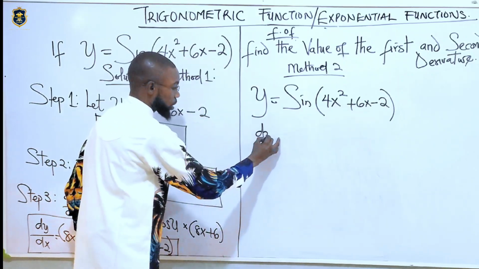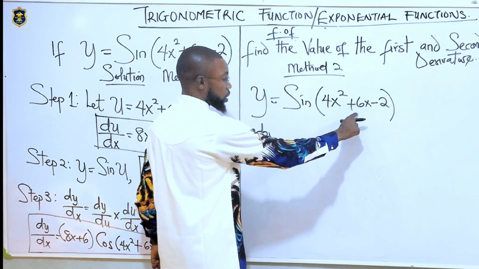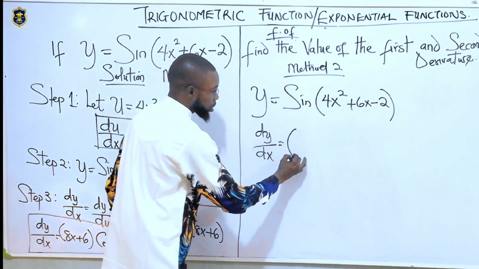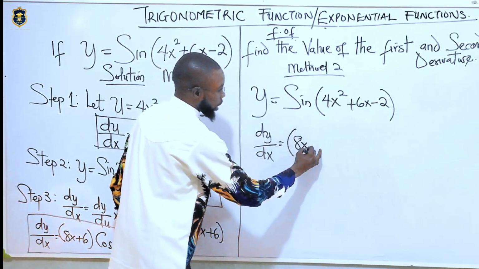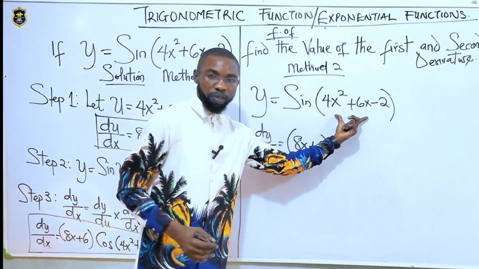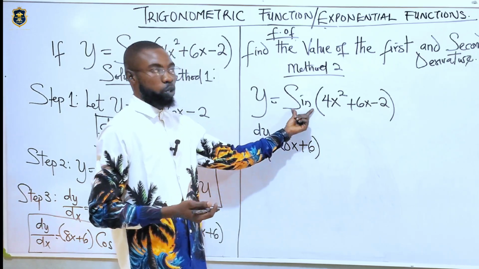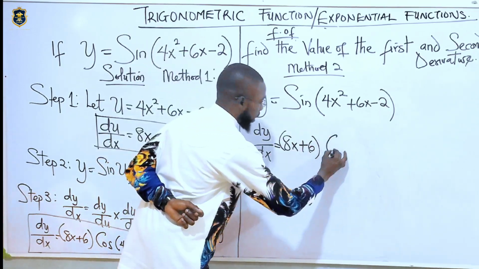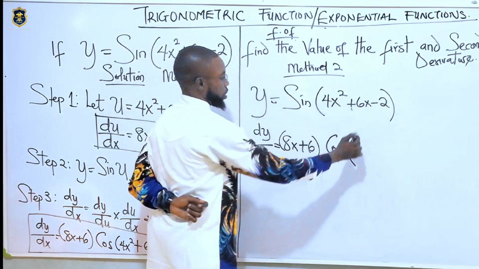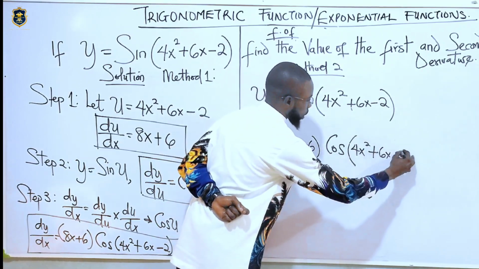So our dy over dx is to differentiate this one first, and that becomes 8x plus 6. And then after you've differentiated it, differentiate the sine. If you differentiate sine, it's going to be cos. We have cos of everything here, cos of 4x squared plus 6x minus 2.